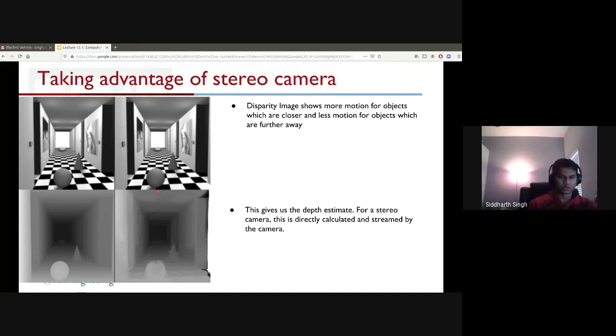What you will notice is that if I superimpose one image on top of the other like this, objects which are close seem to have shifted a lot, while the objects which are far have not shifted a lot, right? That is similar to what you have seen.